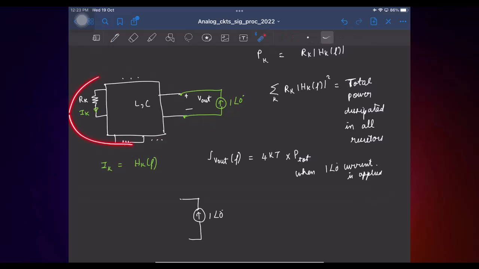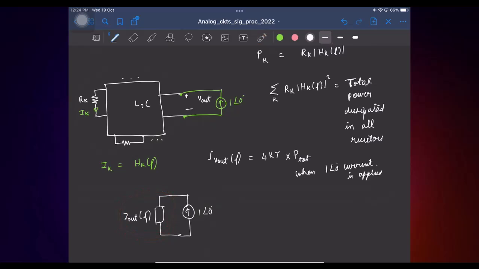So I can basically simplify this and find the equivalent impedance, right? Is that fine? And I will call this Z out of f. Now I am applying a sinusoidal current with a phasor 1, pumping current into this complex impedance. So what is the total power dissipated in the impedance?